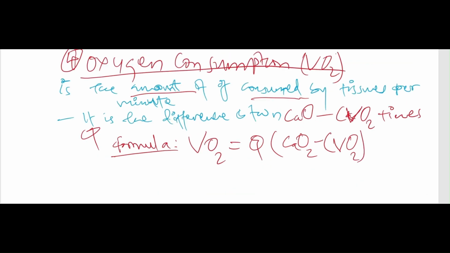So oxygen consumption, abbreviated as VO2, is simply the amount of oxygen that is consumed by tissues per minute, and it's simply the difference between oxygen content in the arteries and oxygen content in the veins. Then you multiply this by cardiac output.